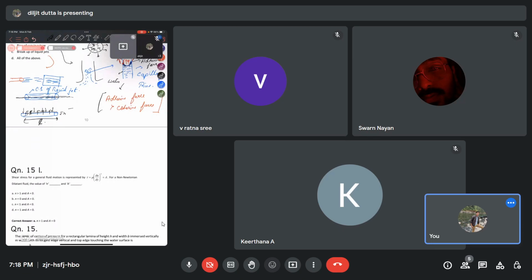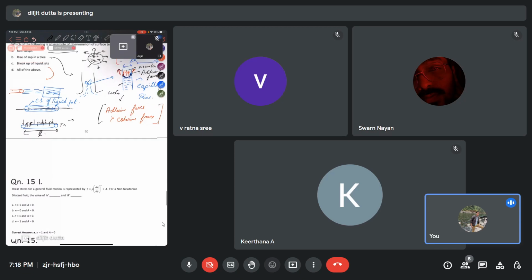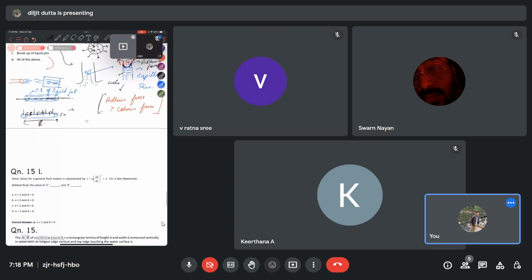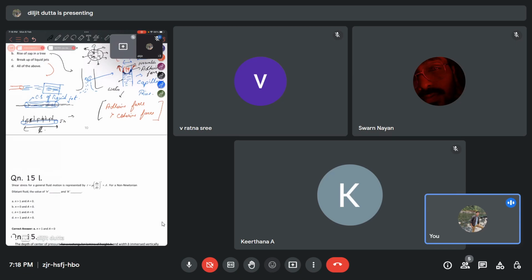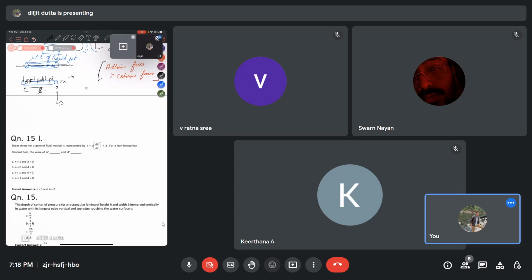If the surface tension is less than the pressure, then the liquid jet will break. Suppose we take the pressure force with intensity P into 2R into L, 2R because if we take this cross section it is D, and D is equal to 2R.